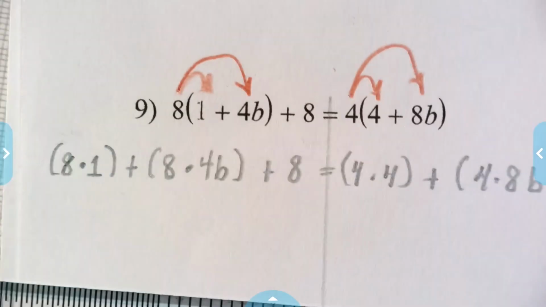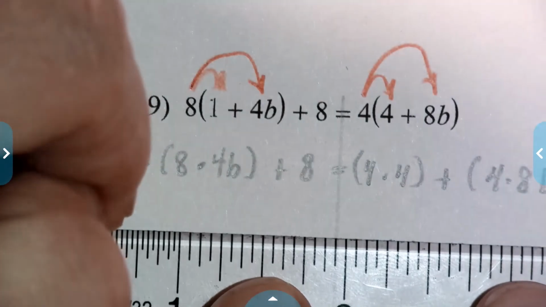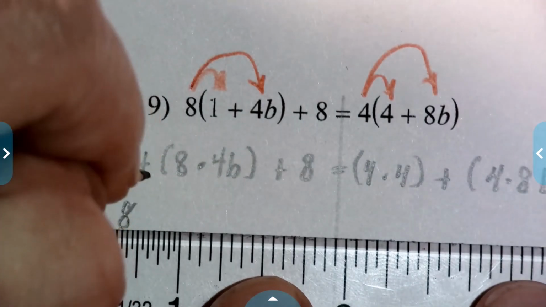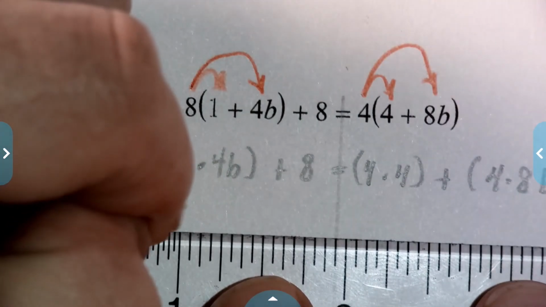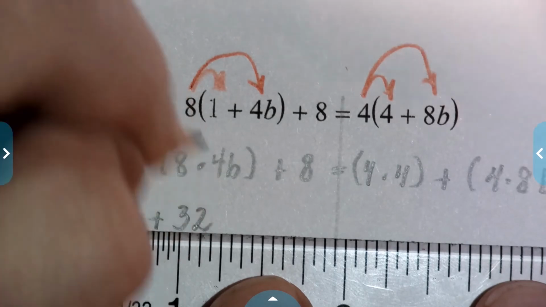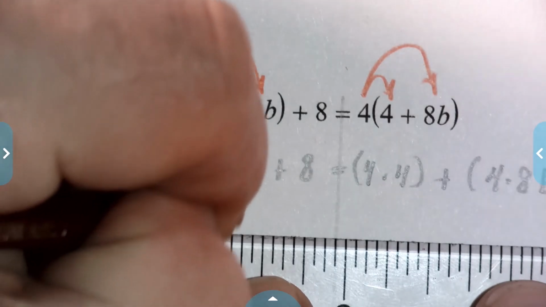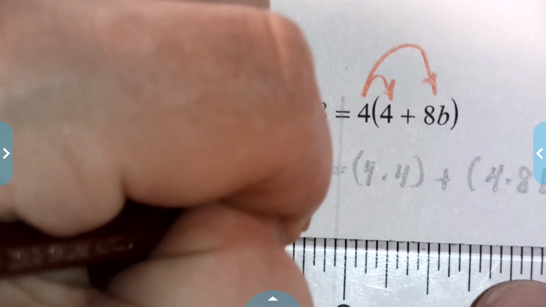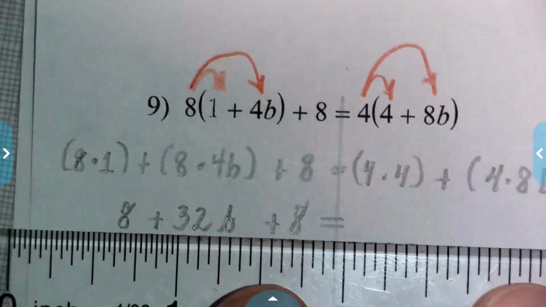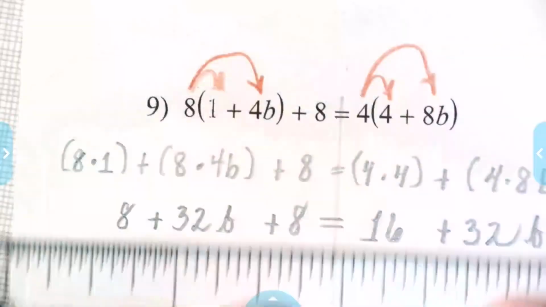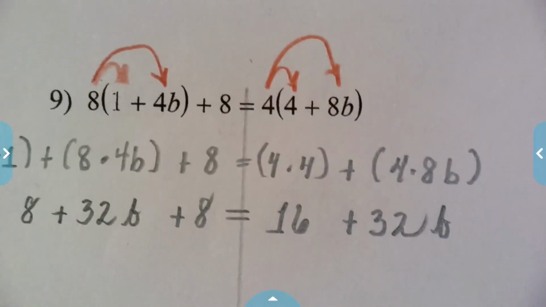Okay, so let's simplify everything down. So we have 8 plus 32b plus 8 equals 16 plus 32b. Okay, now notice something.